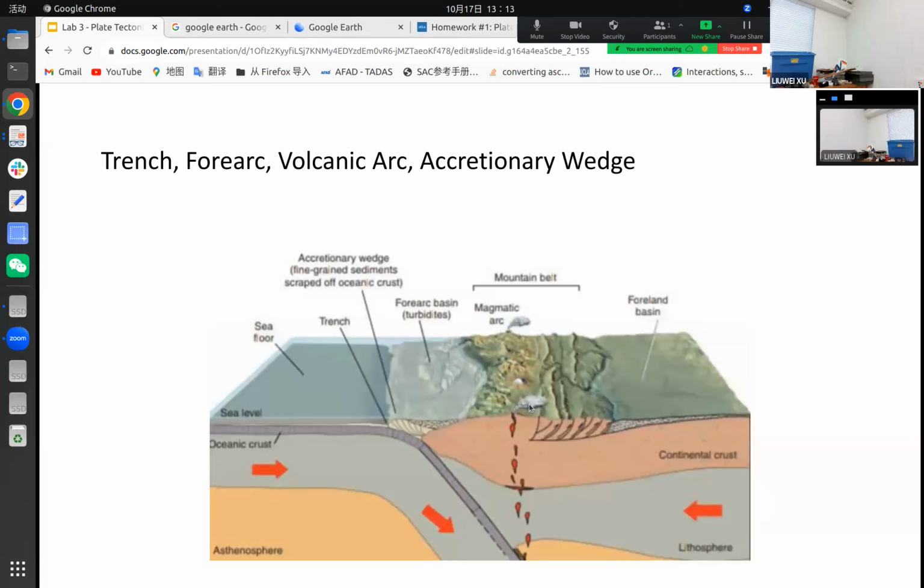After mixing this hot water with the mantle materials, these materials melt and go up to the Earth's surface. Finally, after it reaches Earth's surface, it erupts and becomes the volcanoes. And finally, it's the relatively plain basin further on the land part. We call it foreland basin.